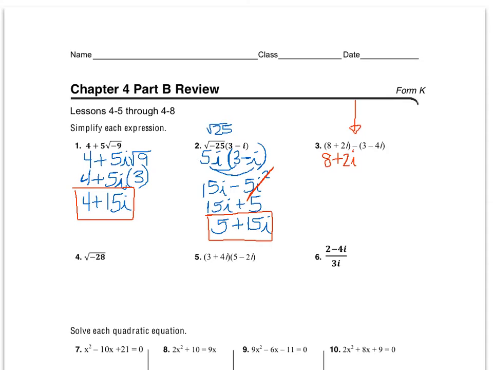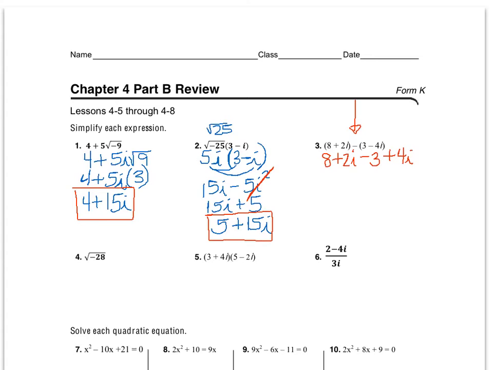So you'll have to distribute that minus sign or distribute the negative. And what that really does is just changes your signs inside of those parentheses. So the 3 was positive and now it becomes negative. And the 4i was negative, so that becomes positive 4i. Now we're just going to combine like terms.